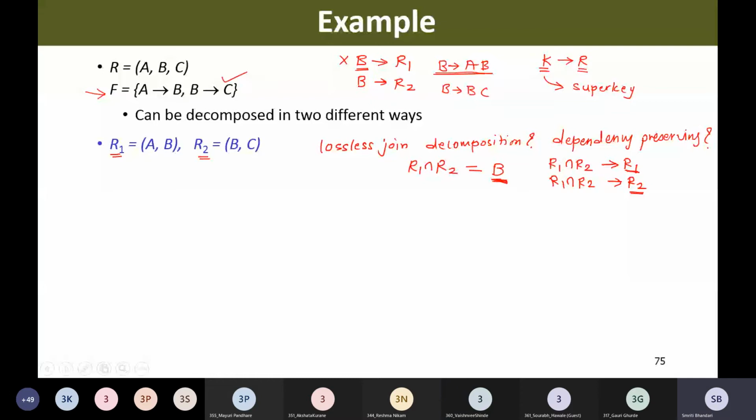So we may say that B is the super key for this relation R2. So this condition is satisfied. And that is why we may say that this decomposition R1, R2 is lossless join decomposition.